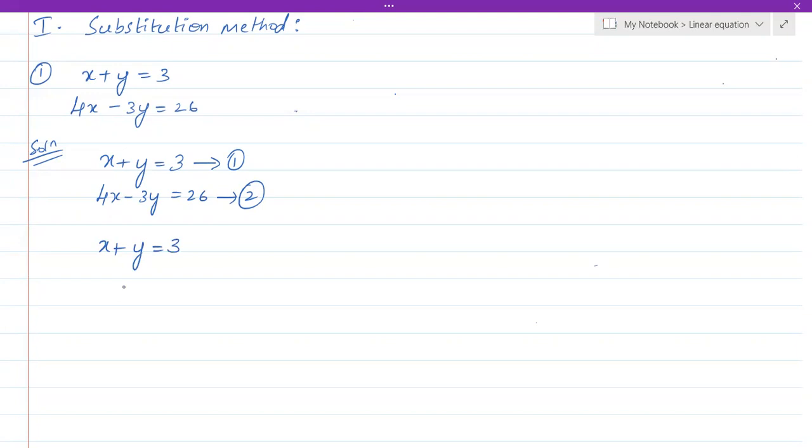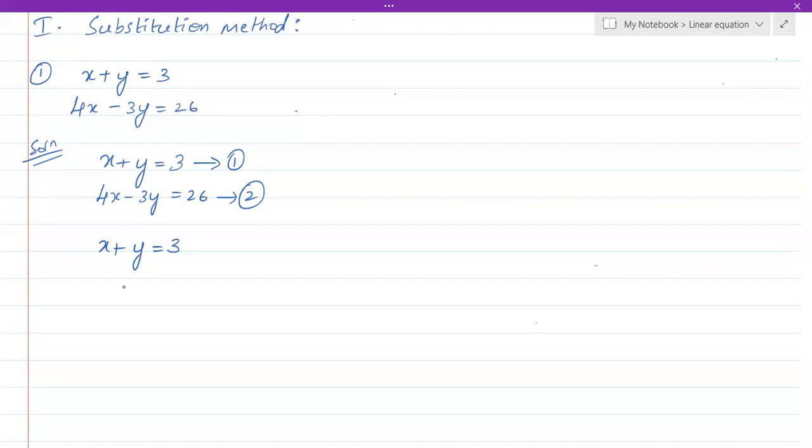Now we have to solve for x here. We can also solve for y, it's your wish again. What does solve for x or solve for y mean? It is simply keeping that variable in the LHS and transposing all other things to the RHS.